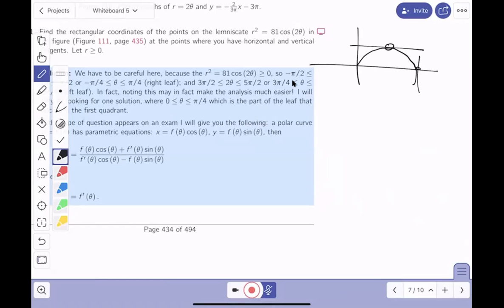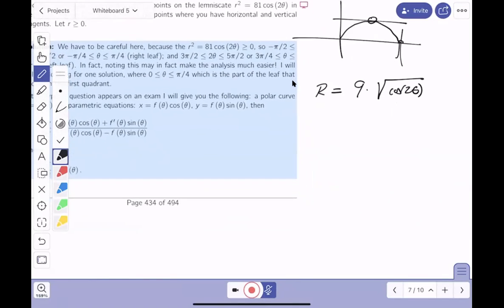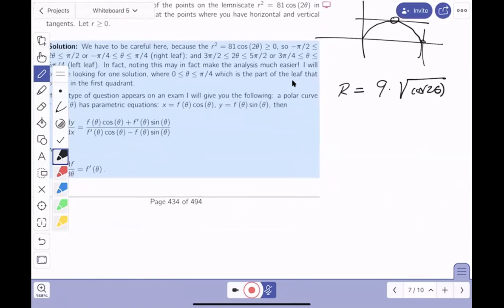So if I'm sticking to the first quadrant, the equation is going to be r equals 9. I'm taking the square root times the square root of cosine 2 theta. It looks a little difficult, doesn't it? So what do I want to do?